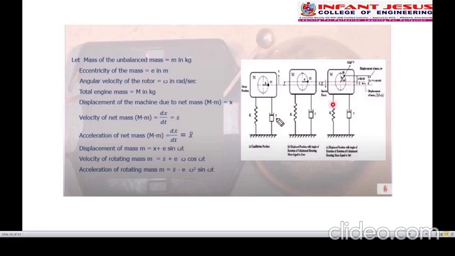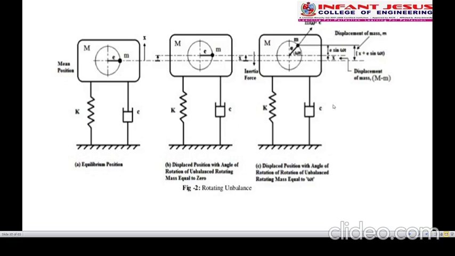Now the unbalanced mass starts to rotate at an angular velocity omega, through an angle omega t for a time period of t. So it has moved to this distance. Now we are going to find the total displacement of the mass.